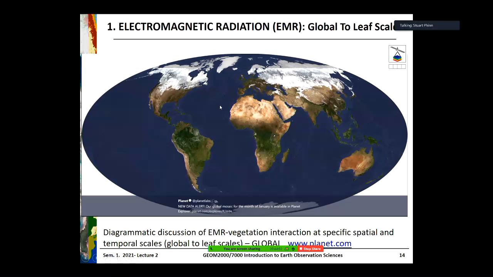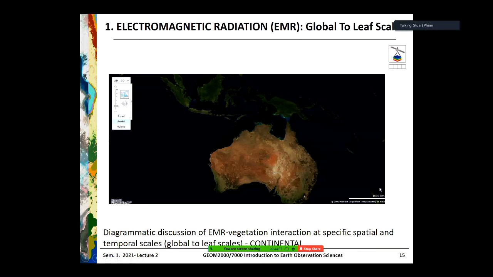We could apply the same process and look at soils, where we would look at the type of light that's being absorbed and scattered, depending on the mineralogy of the soil and its moisture content and its organic matter content. If you look at snow and ice as well, essentially it depends on the actual ice content, the volume of snow that's there as well, and how it's interacting with the sunlight as well.